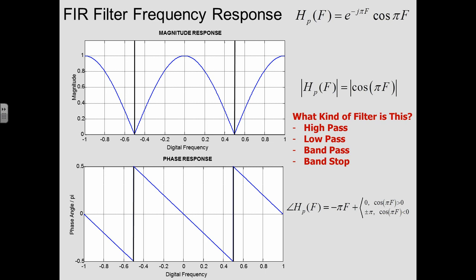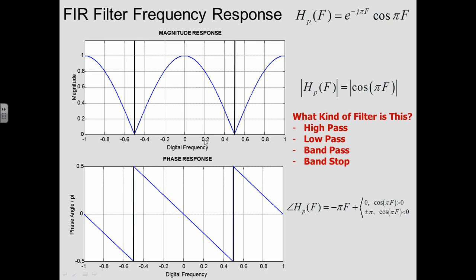Notice that what would be low frequencies would be ones near frequency 0, and there we have a magnitude of 1, so we're not attenuating any signals there. And what's the highest possible frequency that we can put into our discrete time system without it aliasing? Well, it's the Nyquist rate, which would be at f equals a half.